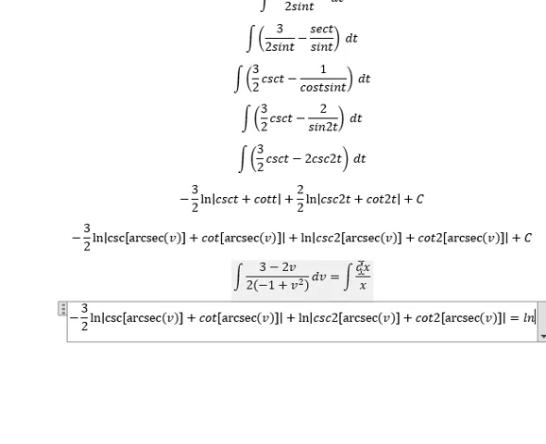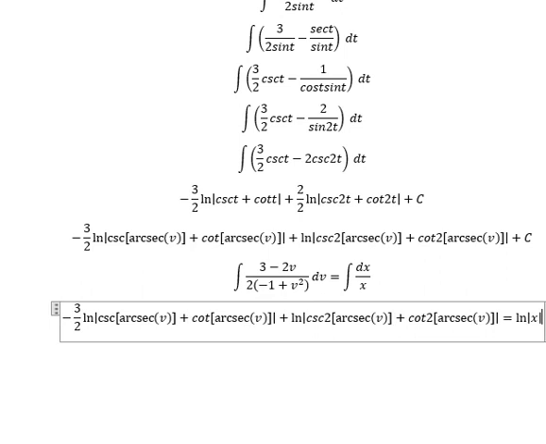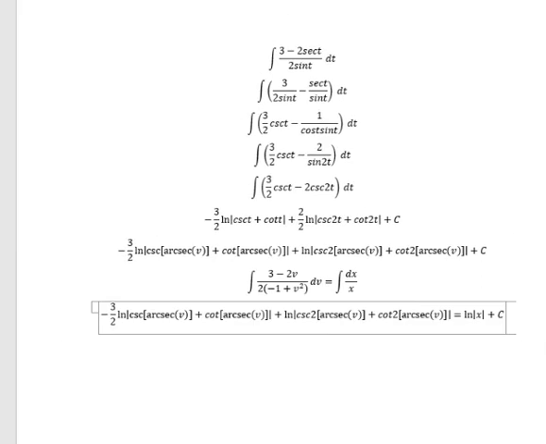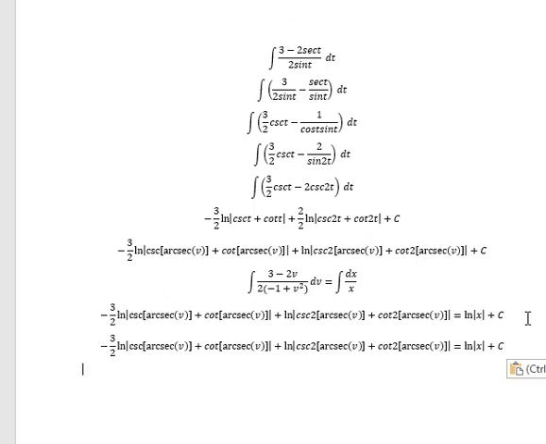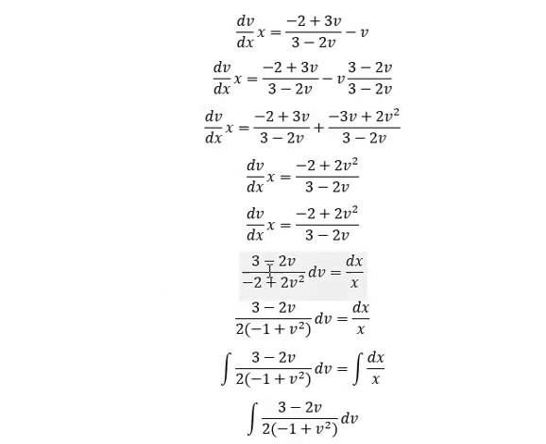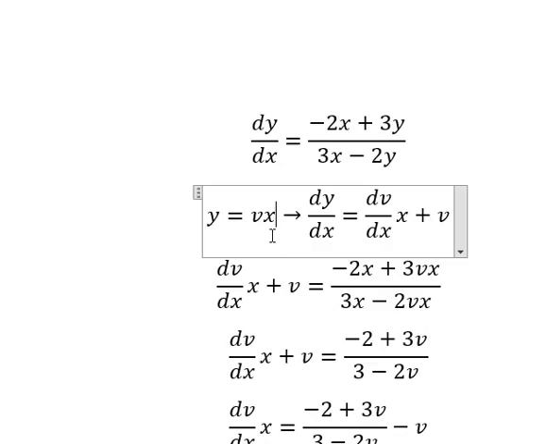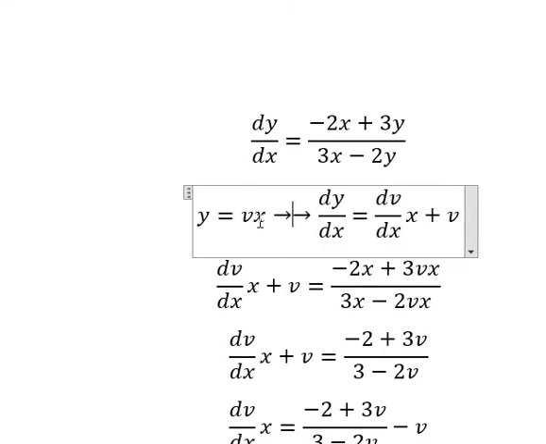The integration of dx over x, we have ln of the absolute value of x, and we put c. For v, that is this one. So we divide both sides by x.